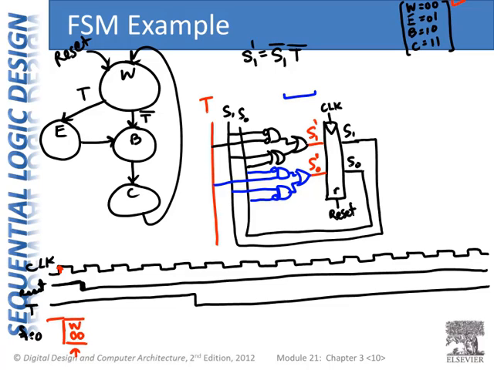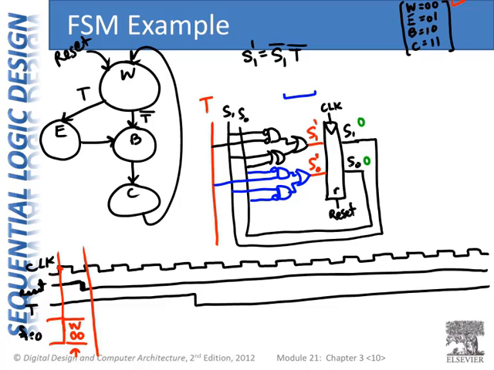Before the clock edge, if it's a synchronously resettable flip-flop, it's an unknown state. Okay, so reset is high at that point, but at this clock edge, reset is low, and so we need to know what the next state is. So when the state is 0 and 0, the W state, we can look over here and feed this through our logic circuit and see what the calculated next state is.